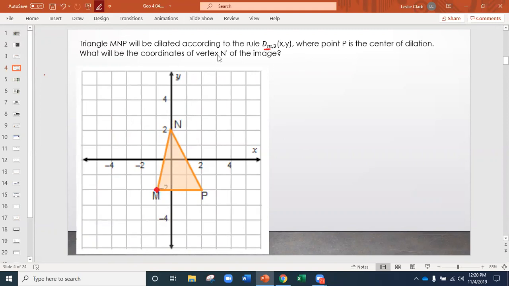So we're going to find the new coordinate for N. So we need to know how far M is from N to start off with before we can multiply it by 2. So M's coordinate is -1, -2, and N's coordinate is 0, 2. And we can do the distance formula, which is the square root of.